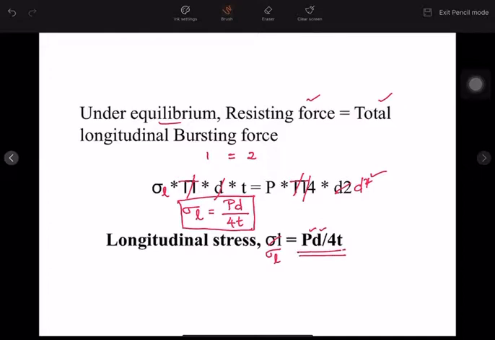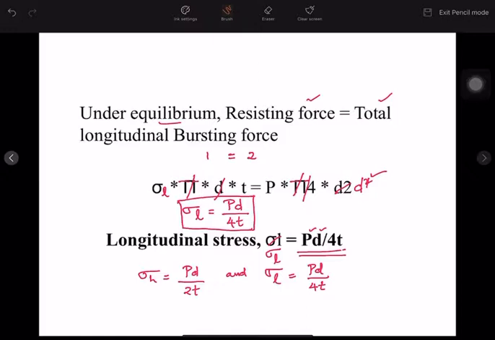Here t is nothing but the thickness of the cylinder. So here we may observe that sigma h is equal to PD by 2t and sigma L is equal to PD by 4t.